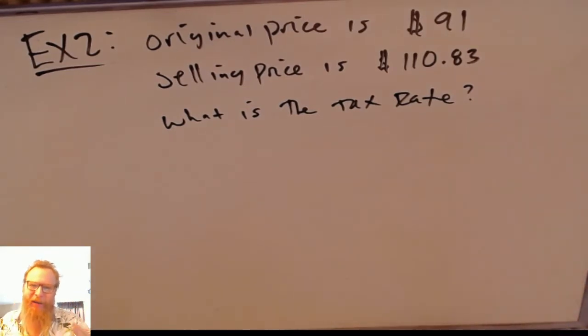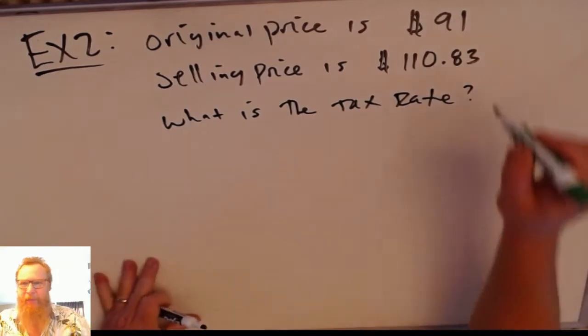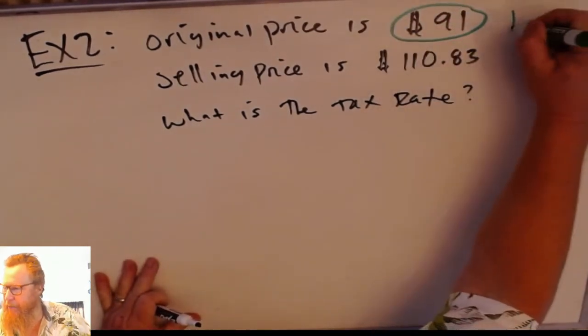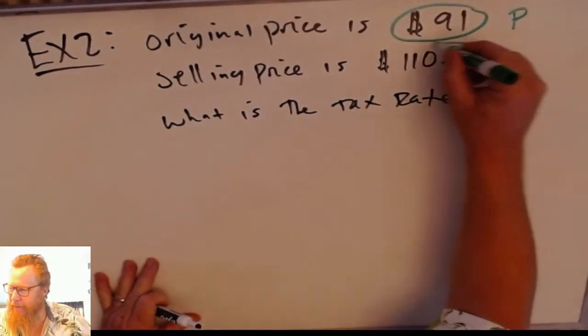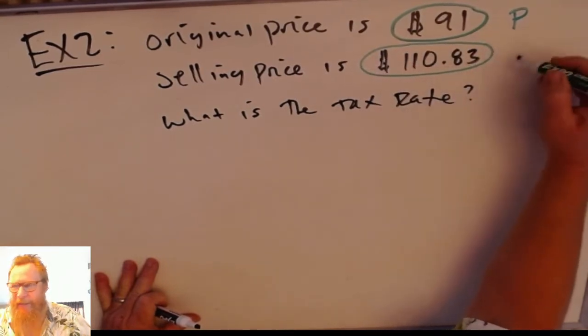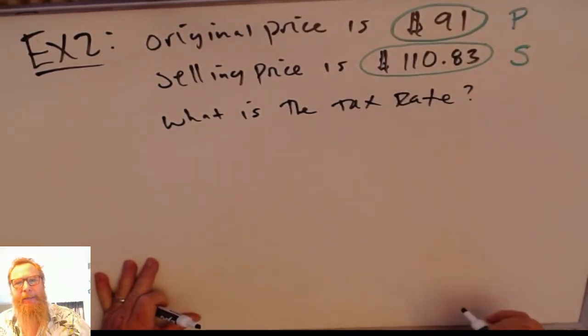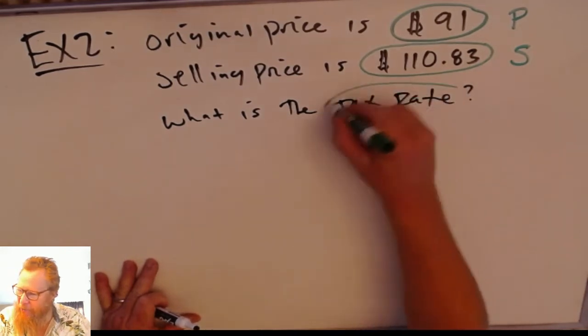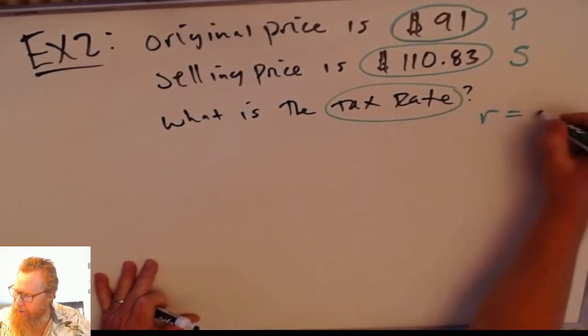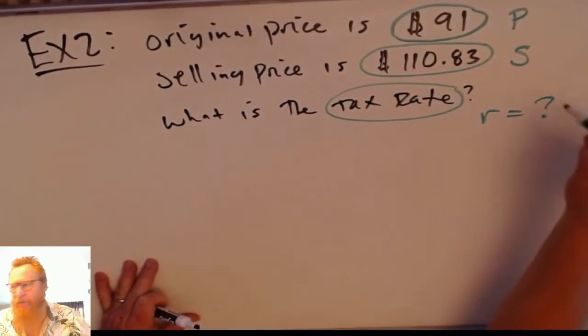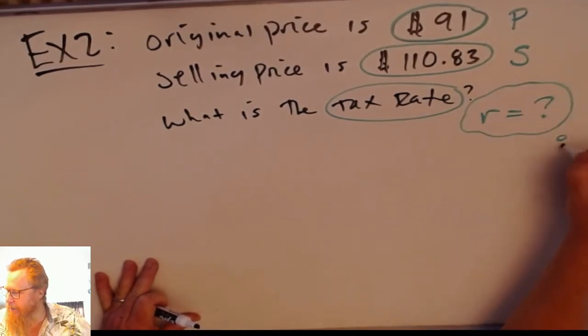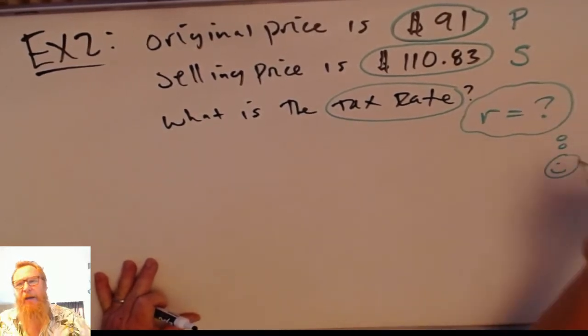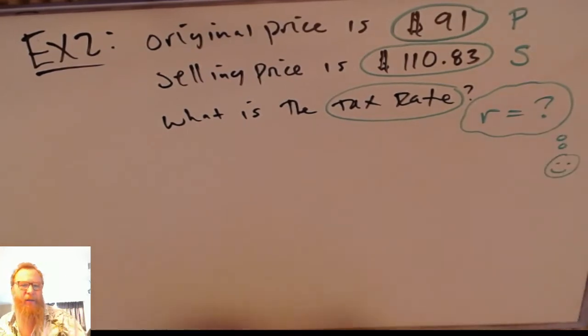So this is where the variables become important because you kind of want to think, what am I solving for, right? Well, you have original price, that's P. You have selling price, that's S. And then you have tax rate is R. So I like to put a question mark here. R is the thing that I don't know. That's my unknown value of R. So I kind of know which letter I'm solving for.